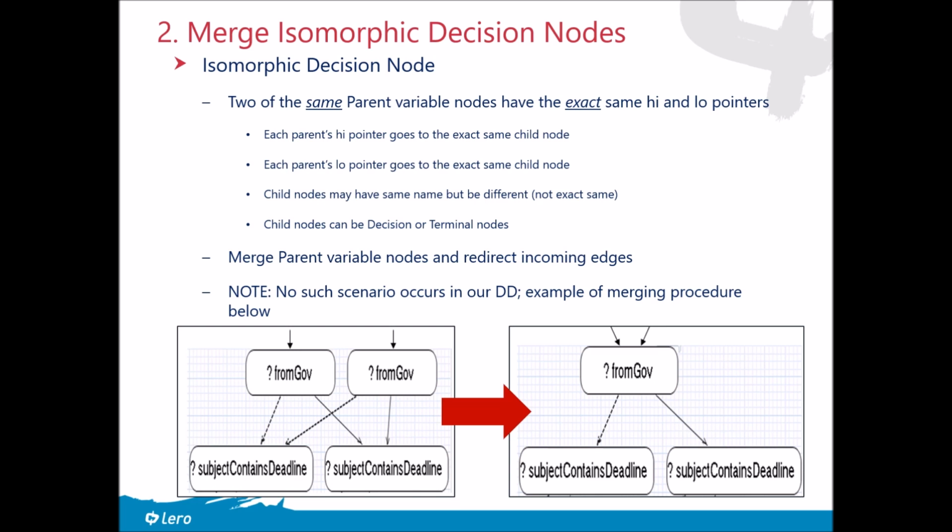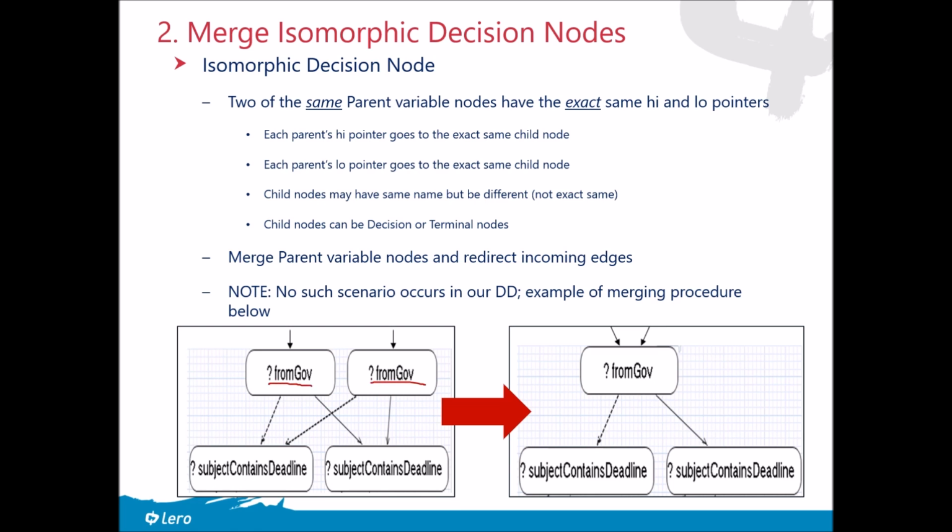So what you do when you have isomorphic decision nodes is you merge the parent variable nodes and redirect the incoming edges. Note, there was no such scenario occurring in our decision diagram, so I just made an example of the merging procedure below. You can see here the from gov predicate.